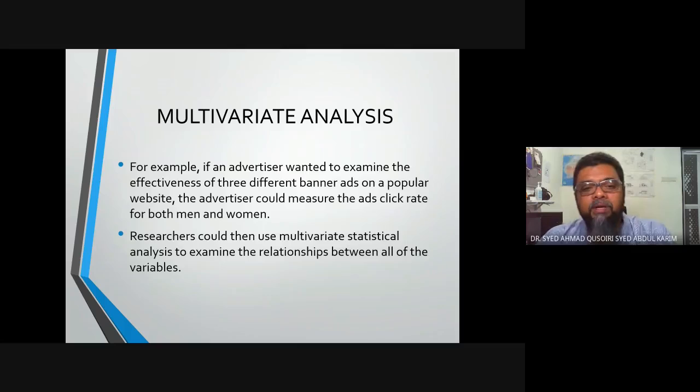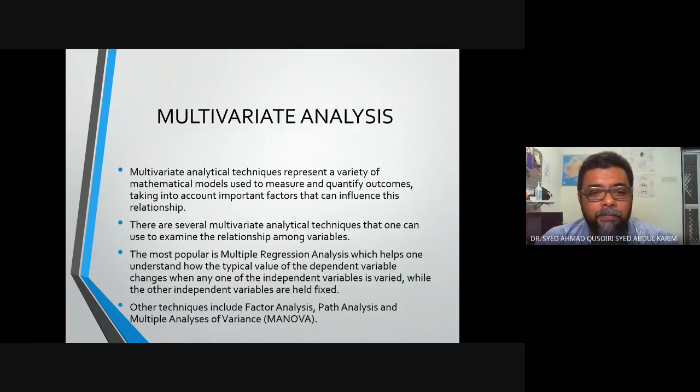For example, if an advertiser wanted to examine the effectiveness of three different banner ads on a popular website, the advertiser could measure the ads' click rate for both men and women. The researchers could then use multivariate statistical analysis to examine the relationship between all of the variables.